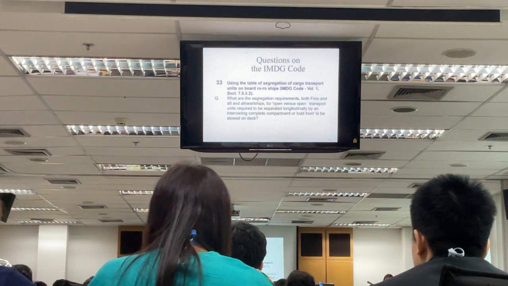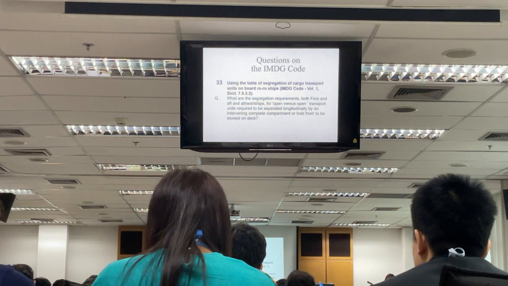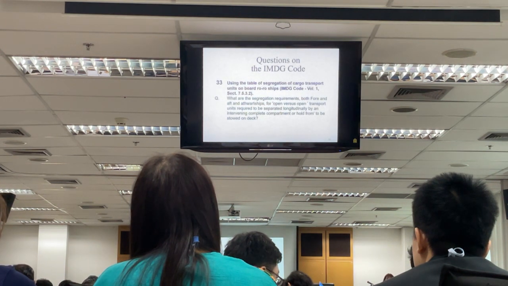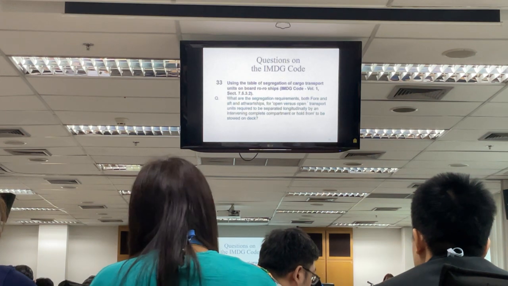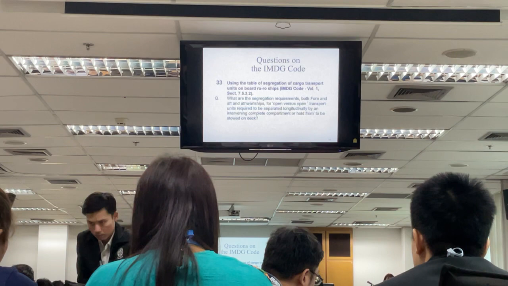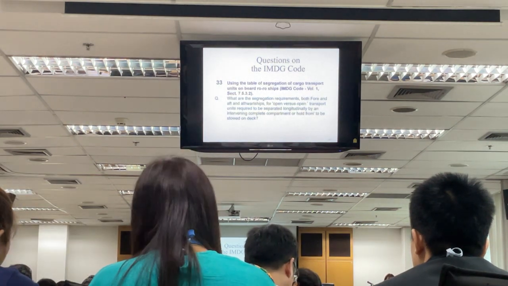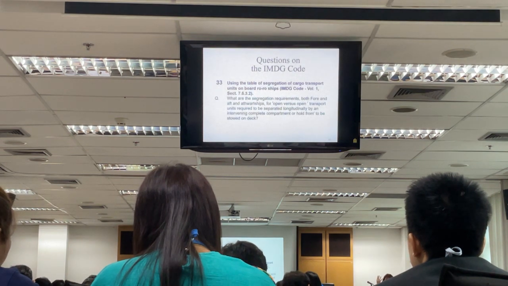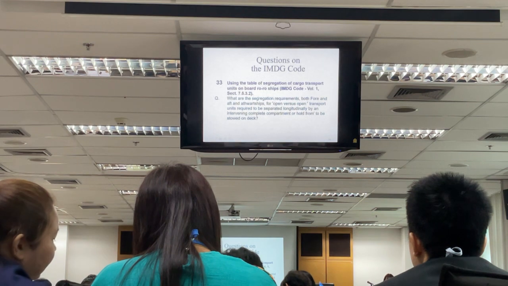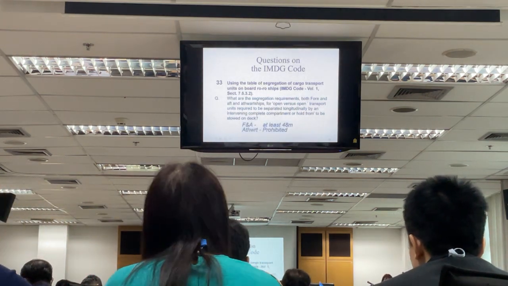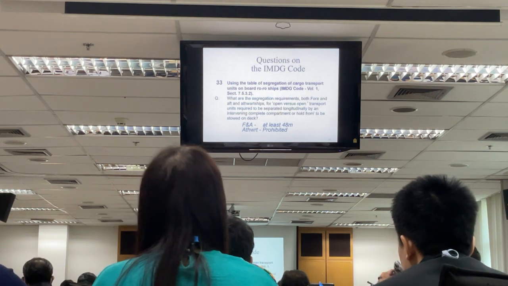Do you want to see the origin of that? It is 7.6. You go to 7.6, general cargo ships, you will see the four criteria. Separated longitudinally by an intervening complete compartment or hold from is the fourth criteria. So we will go to the table 7.5.3.2 and then we find fore and aft at least 48 meters.